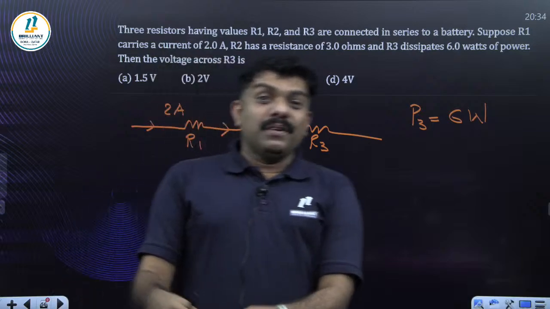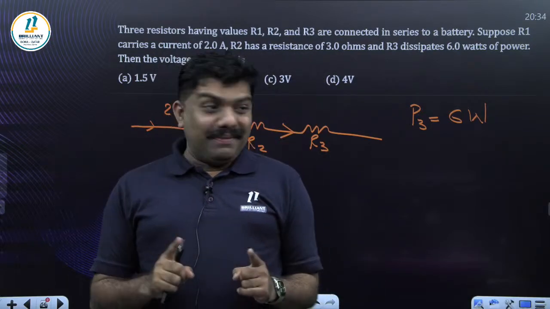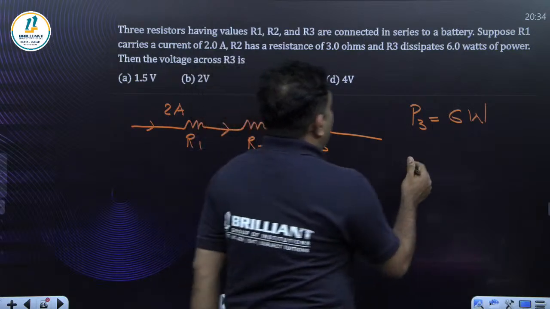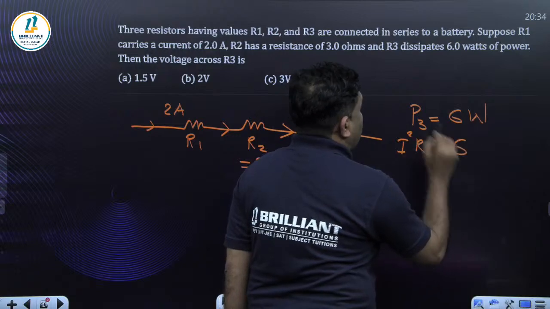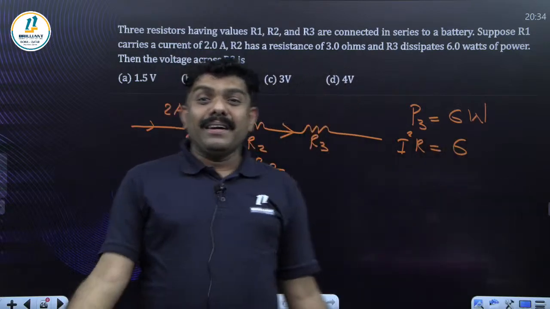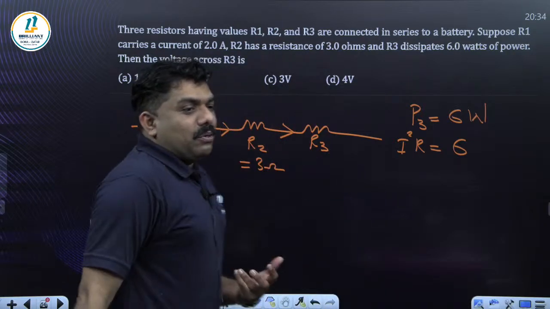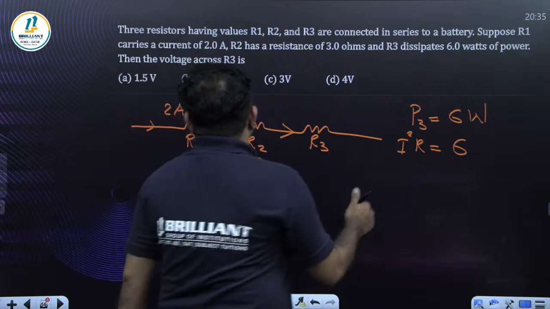What is the formula for power here? Power is equal to I square R, that we know. So I square R is equal to 6. Sir, why I square R? Because the current is the same in a series connection. Now the I value is already given, 2.